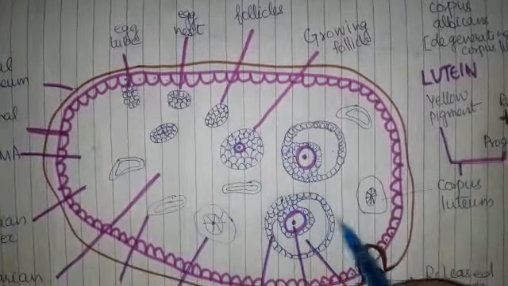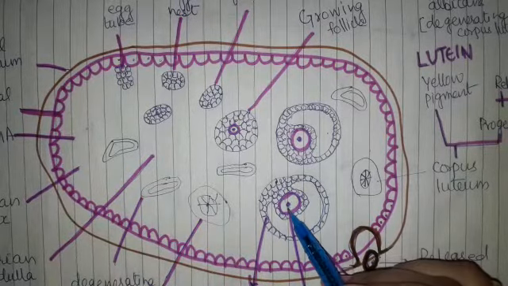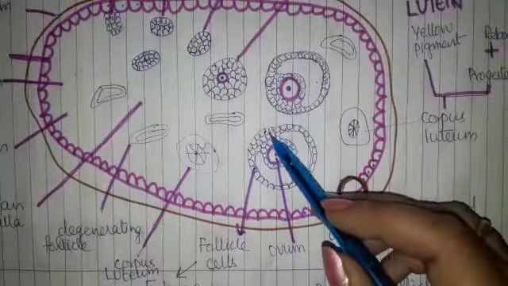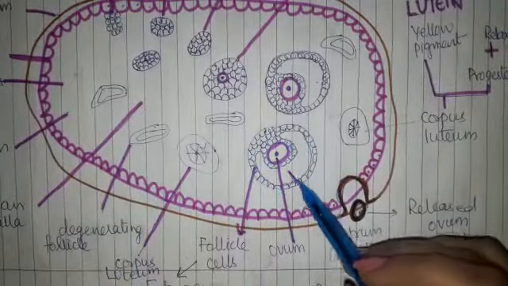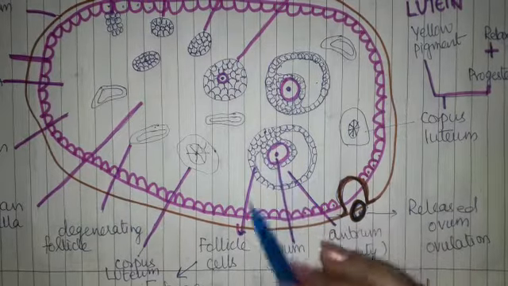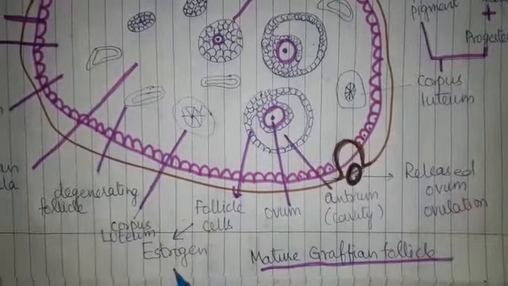And the mature Graafian follicle consists of a large egg cell or ovum, which is surrounded by various follicular cells, and there is a cavity called antrum. The cells of the Graafian follicle secrete female sex hormone, that is estrogen.